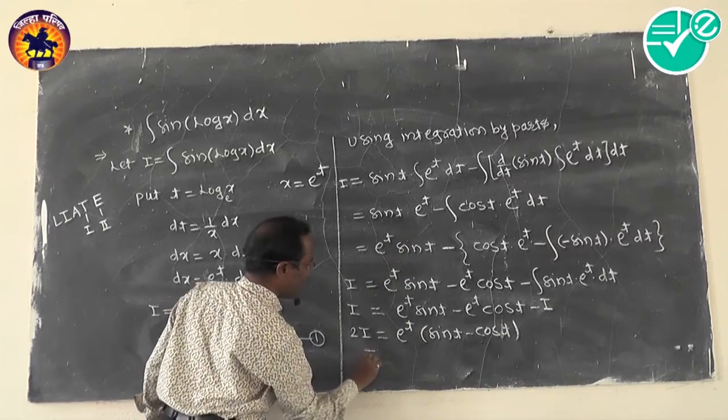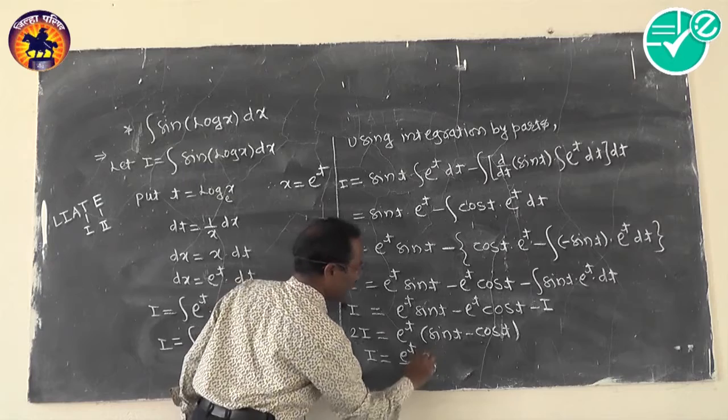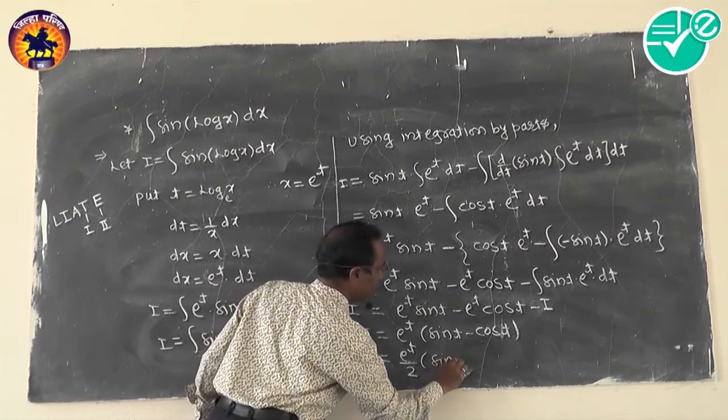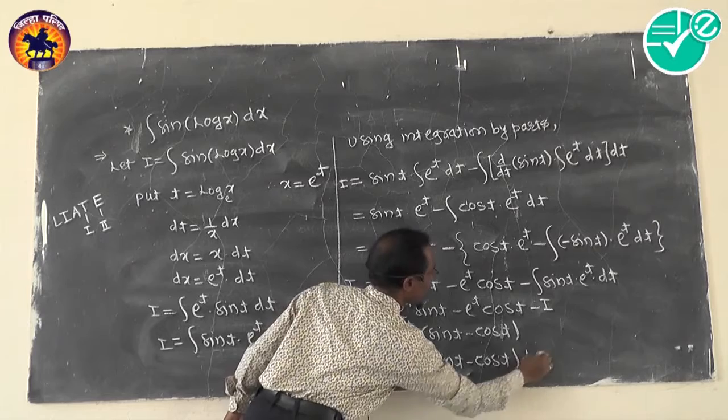Therefore I is equal to e raised to t upon 2 into sin t minus cos t plus c.